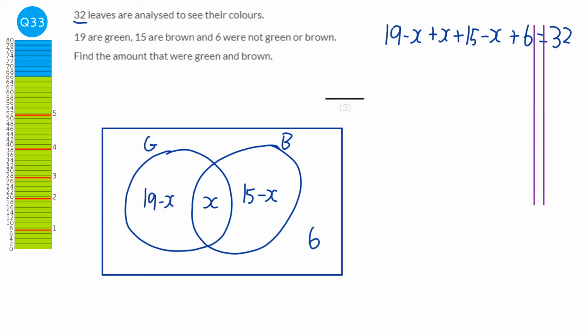And let's get our solving lines in. So we've got minus x and minus x, that will be minus 2x. And we've got 19 plus 15 plus 6, which will be 40, equals 32. We're going to take away the 40 both sides.